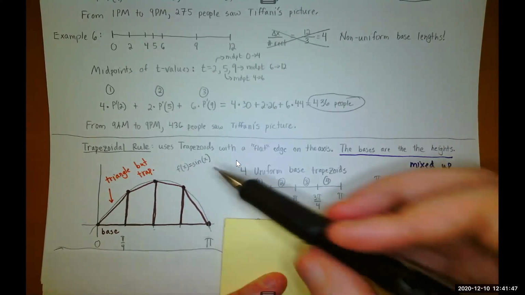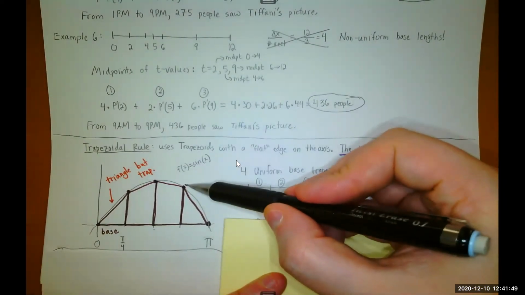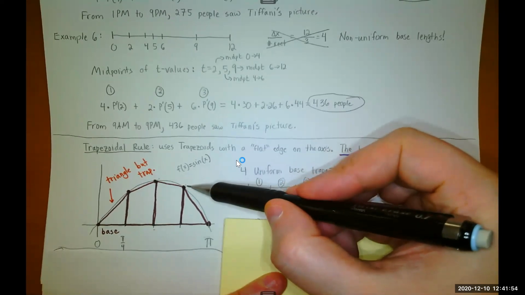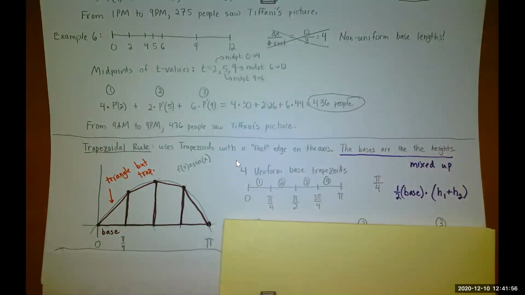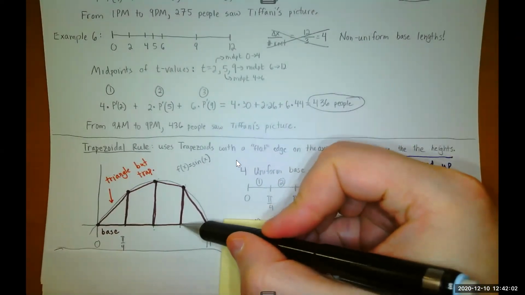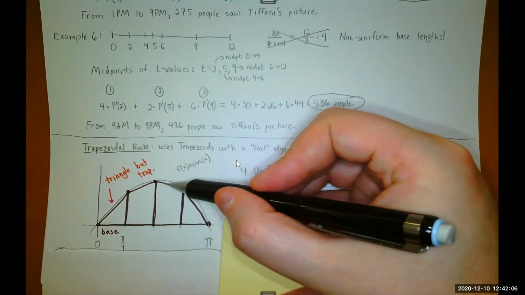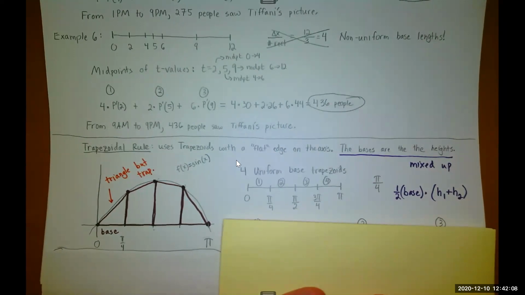The heights that we're going to use are the points at pi over 2, which we already did, and 3 pi over 4, which we're plotting right now. And then we draw from our base the height up on each side, and then connect them in the diagonal fashion like that. So that's a trapezoid with a flat edge on the axis.